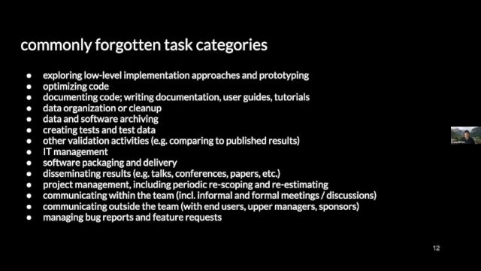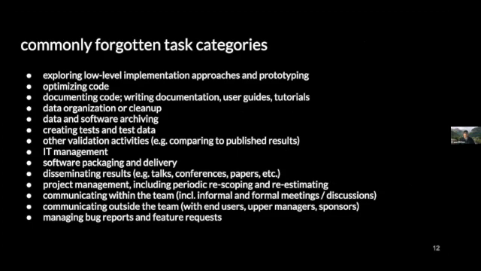Some common categories of missing tasks. These are things you want to make sure are in your breakdown. Low-level implementation, optimization, documentation, data organization, cleanup. This list of things, many of which are not like software development per se, will tend to dominate the whole project.